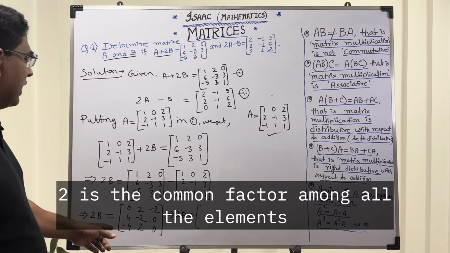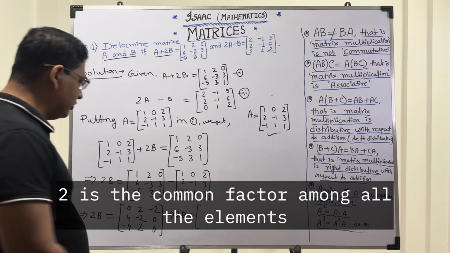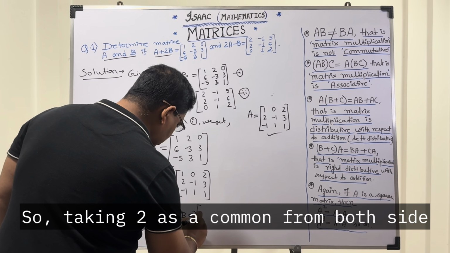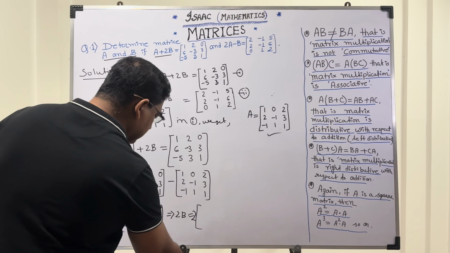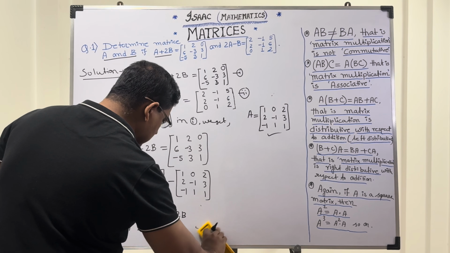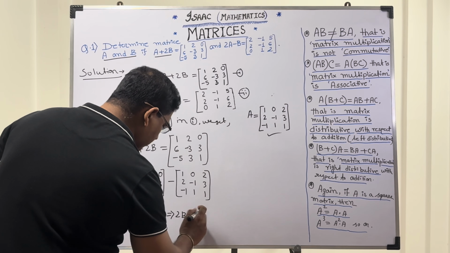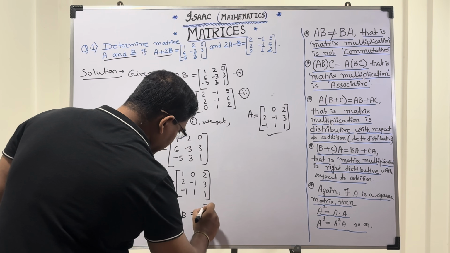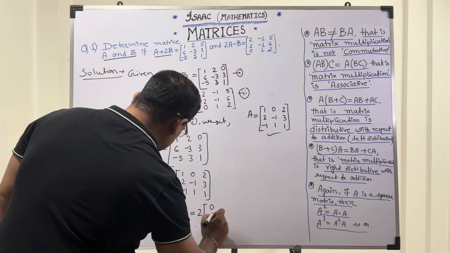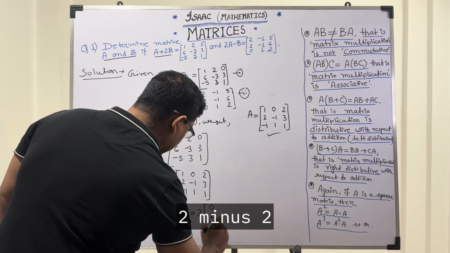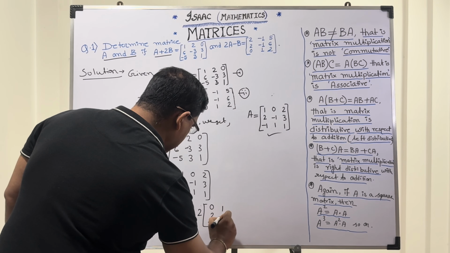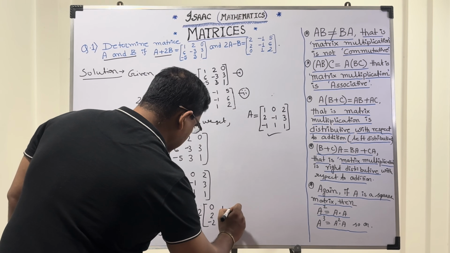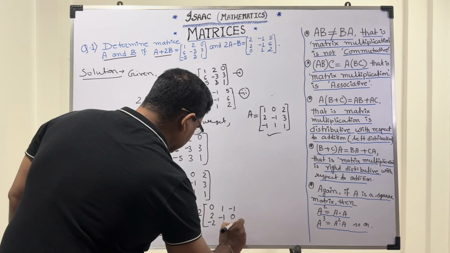Two is the common factor among all the elements. So taking 2 as the common factor from both sides, we get 2 into 0, 2, minus 2, 1, minus 1, 1, minus 1, 0, 0.